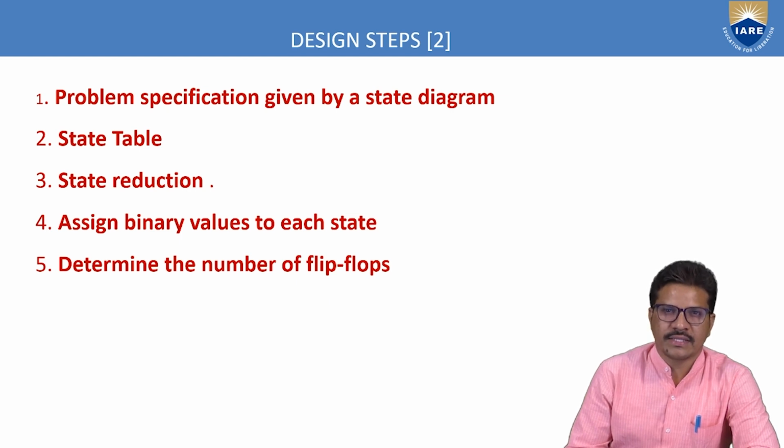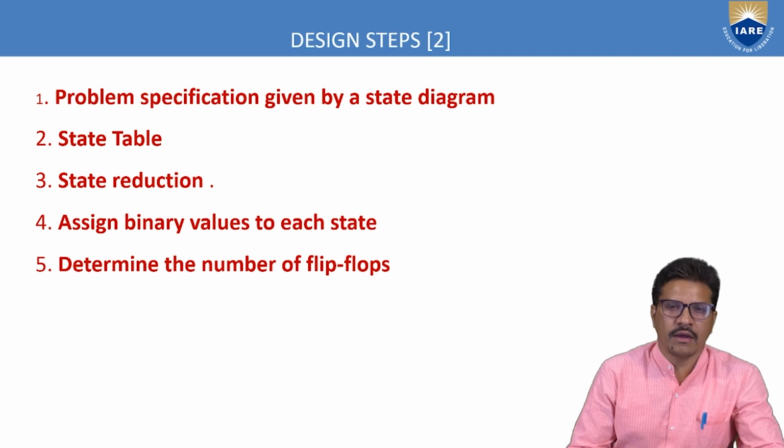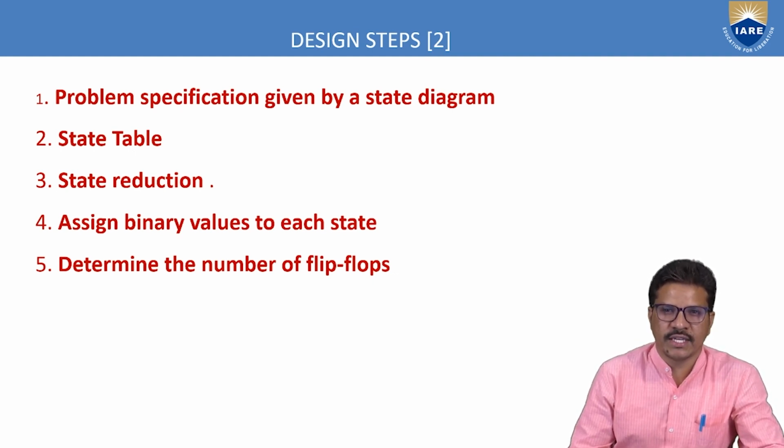Once we know the state diagram, we create the state table. The state table has the present state, with each state represented by an English letter, and then the next state. It has input combinations: for input x equal to 0, what is the next state, and for x equal to 1, what is the next state.